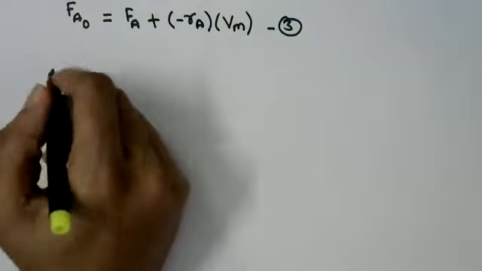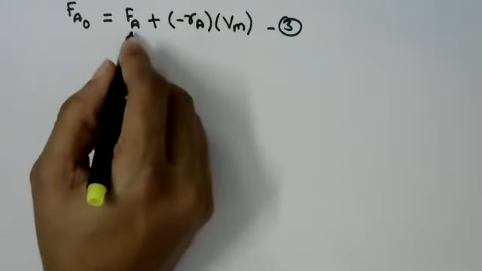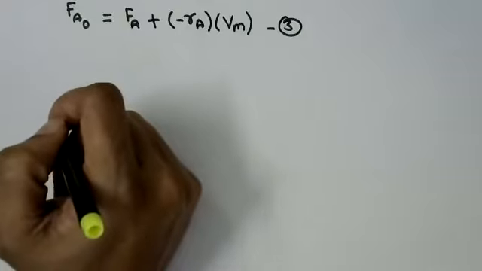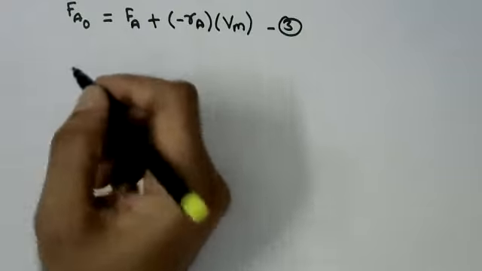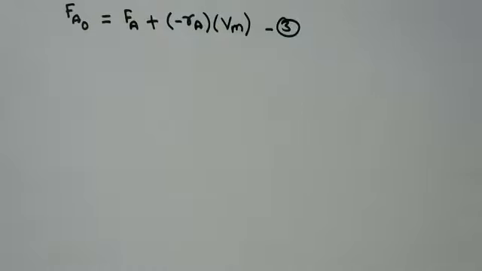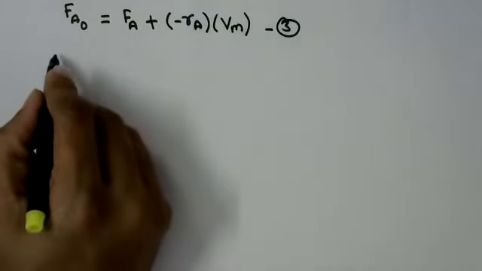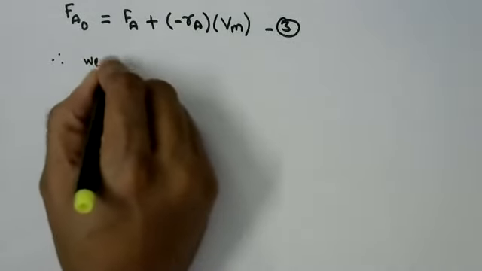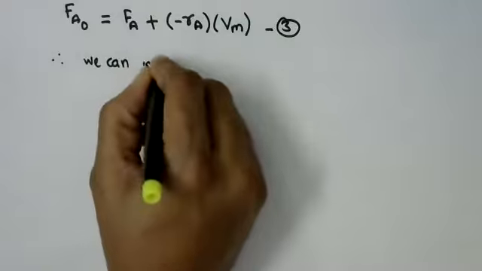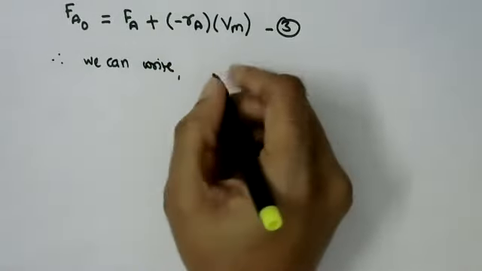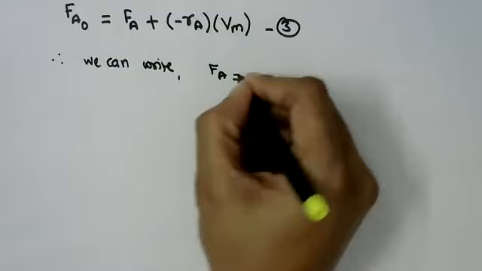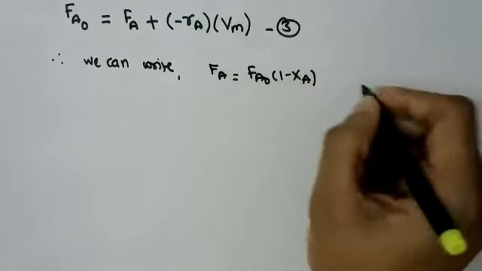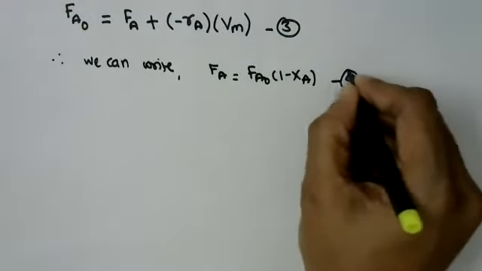Now, the variation in the molar flow rate of reactant A depends upon how much A is reacted, and therefore we can write FA is equal to FA0 into 1 minus XA. Say this is equation number 4.